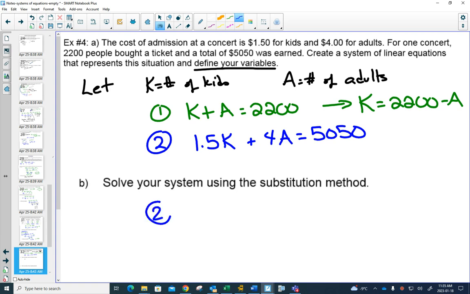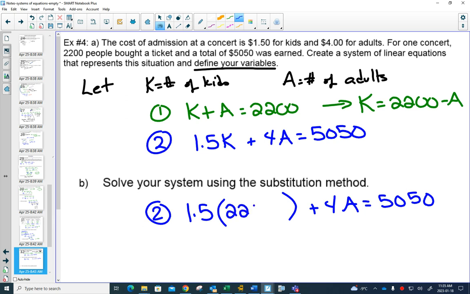And now, I rewrote equation 2, but instead of writing the K, I substitute in 2,200 minus A. $3,300 minus 1.5A plus 4A equals 5,050.